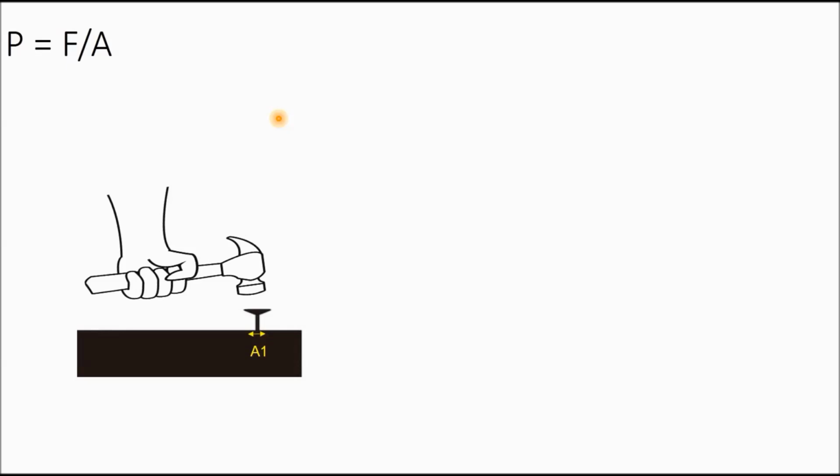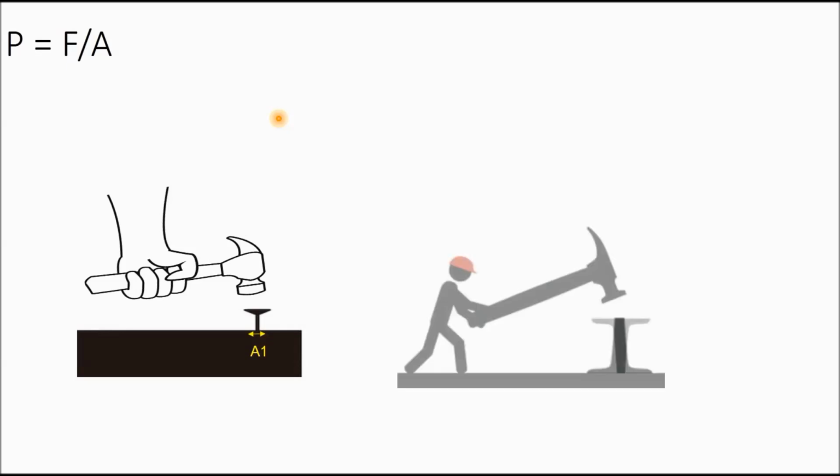Now suppose I put the nail the other way, with the head down on the wood surface, and hit on the nail with the sharp face. Here the area is more. If the area is more, then what will happen?